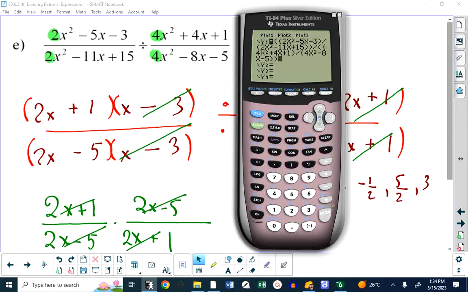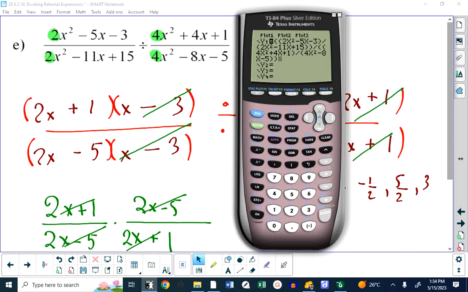Hey, I want to double check this. 2x squared minus 5x minus 3 over 2x squared minus 11x plus 5, over 4x squared minus 8x plus 1 over 4x squared plus 4x plus 1. Oh no, that's okay. Look okay to you? I'm going to go zoom standard.